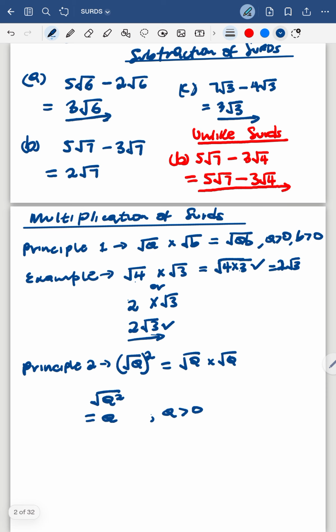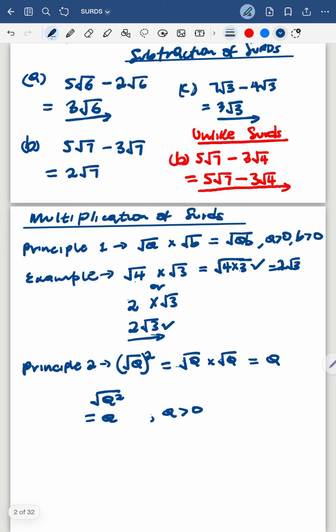And also, if you multiply this root and this root, when you multiply both of them, they will cancel. Then you will be left with A here. Still the same thing here. If you have root and then A squared, it's going to be A here.